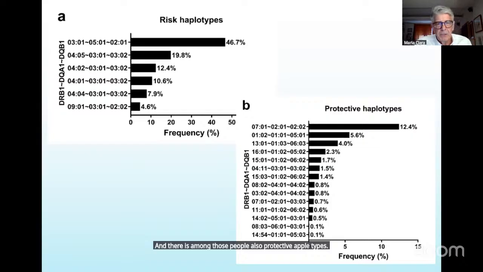We are still studying if those haplotypes are associated with a better prognosis in complications, but for age of onset, we will see later that there are some very important risk haplotypes and protective haplotypes associated with the onset of the disease.